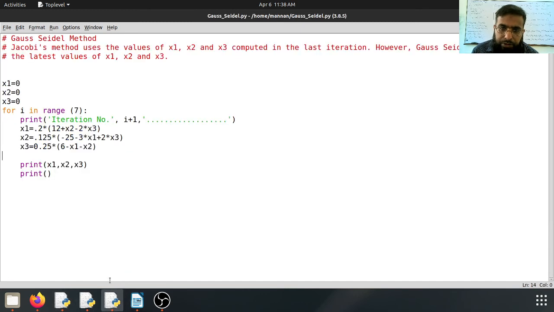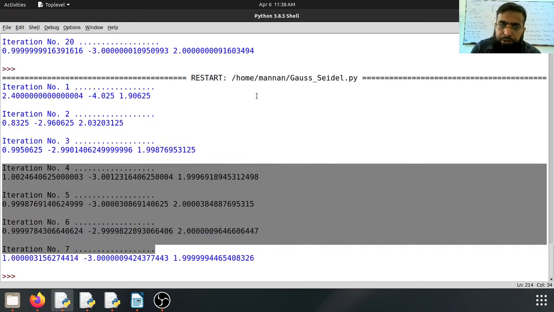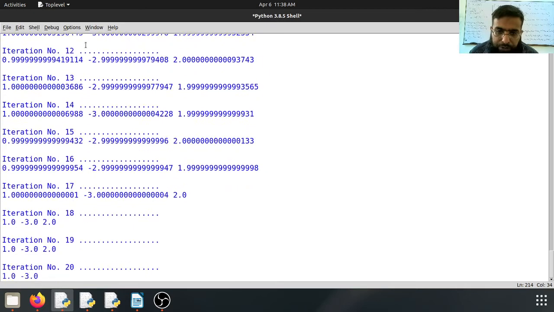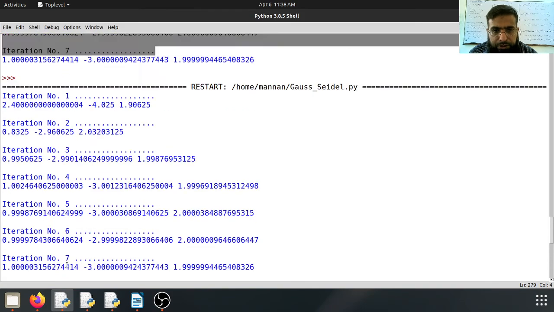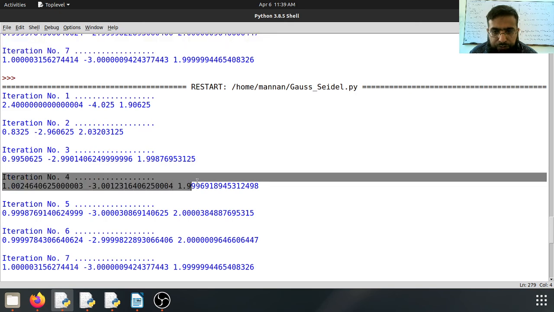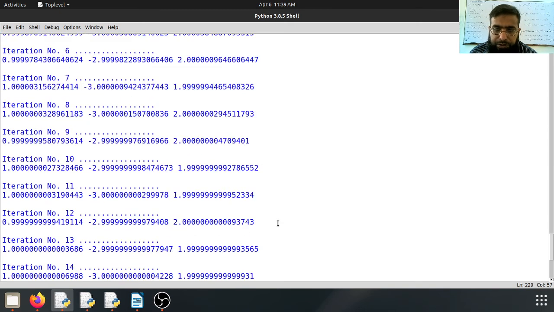If we run this for even higher number of iterations, maybe 15 or 20 iterations, that won't add much, because the values have settled very early, at iteration number 3 or 4, and then they didn't change much.